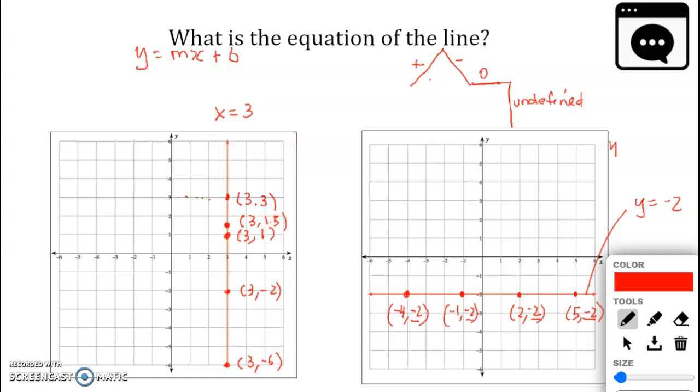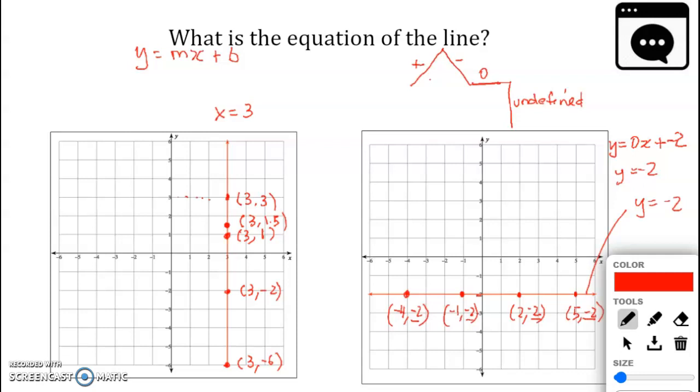So in this case, we have a 0 slope. So y is equal to 0 slope, 0x, plus what is the y-intercept? It's -2. And 0 times anything is just 0. So this goes away, and you're just left with y is equal to -2. Okay, so that's why we have this equation y is equal to -2. What about this one?